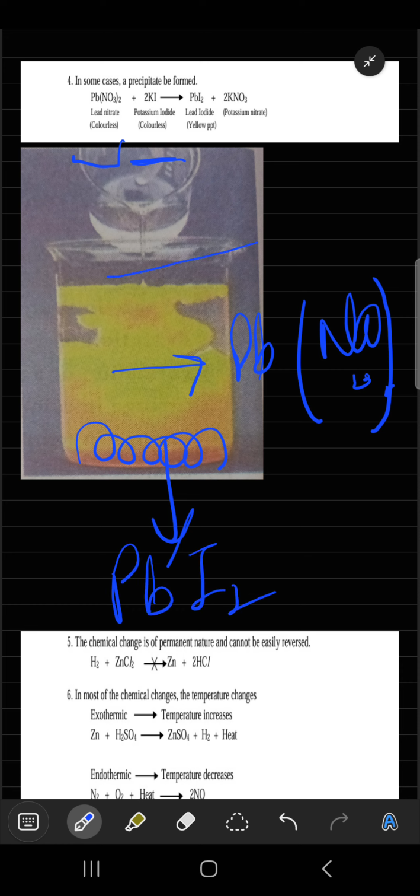The reactants involved in the reaction are lead nitrate and potassium iodide, which are colorless, and there is a formation of potassium nitrate as well.